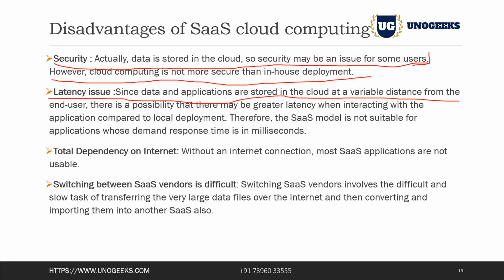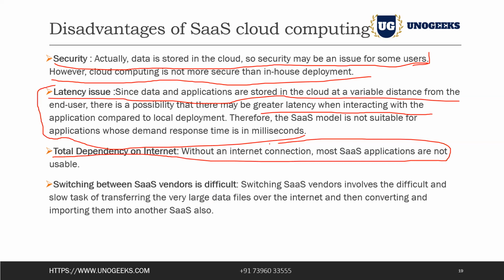While retrieving the data, sometimes the end user may face latency issues, because the data resource will be in East US and you will be in Australia. So sometimes data latency issues will arise, and there's total dependency on the internet. If you don't have internet, you can't access the SaaS application at all. And switching between SaaS vendors is difficult. Suppose you want to migrate.